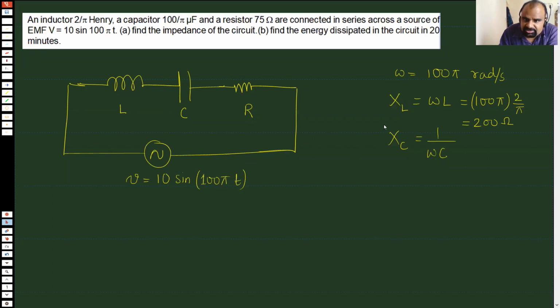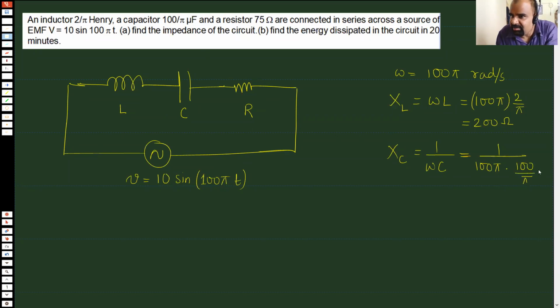So this way we have found our XL. Now let's find XC. It is 1 by omega C. Omega is 100 pi and the capacitance is given to be 100 by pi, but that is in microfarad.